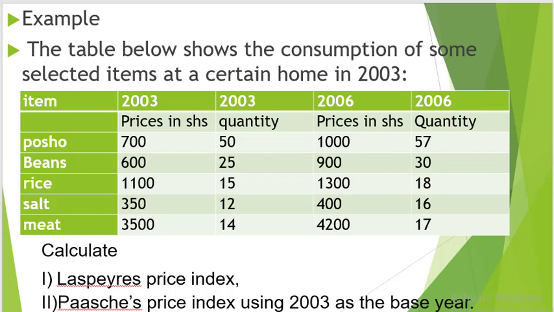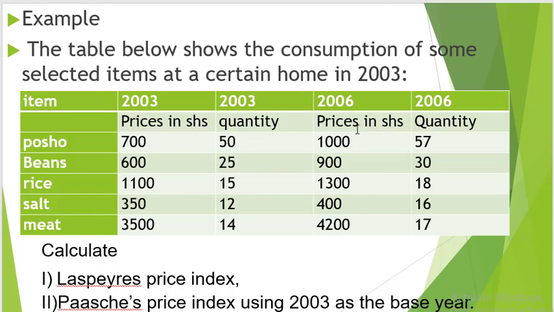Our first example. The table below shows the consumption of some selected items at a certain home in 2003. We have items, we have years 2003 and 2006, price in shillings, quantity. We start with our first item, Posho. In 2003, it cost 700 and the quantity was 50.